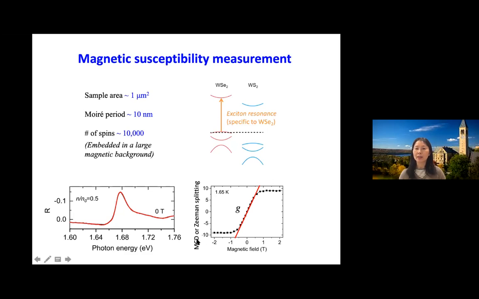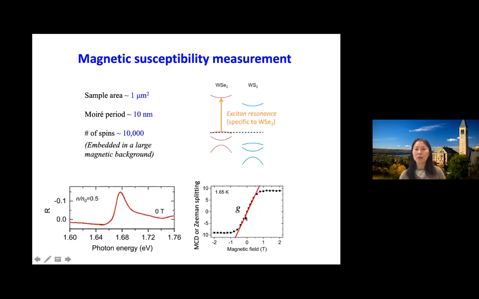You can see that this difference between left and right first increases linearly with applied magnetic field. And then after a little bit over 1 Tesla, the signal saturates. And this is because you can easily polarize the localized magnetic moment.